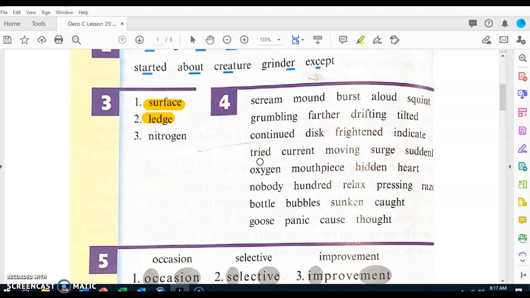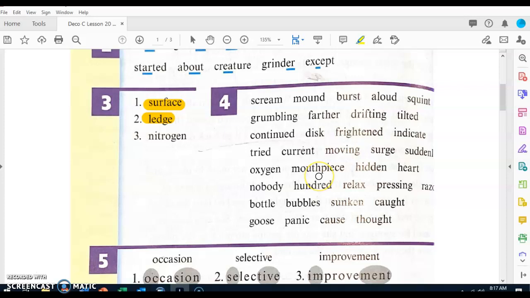What word? Tried. Next word. What word? Current. Next word. What word? Moving. Next word. What word? Surge. Next word. What word? Suddenly.